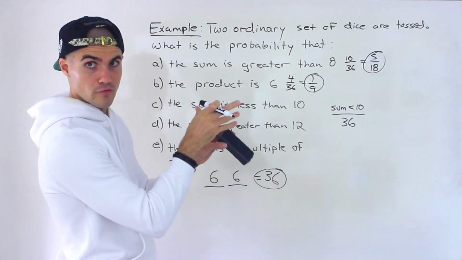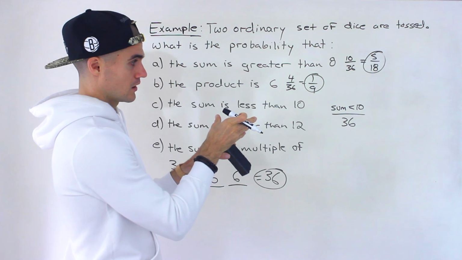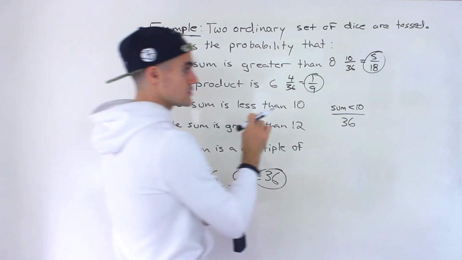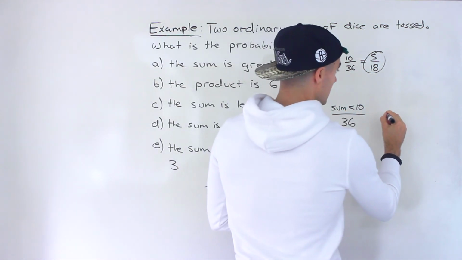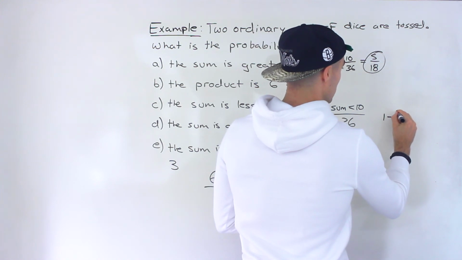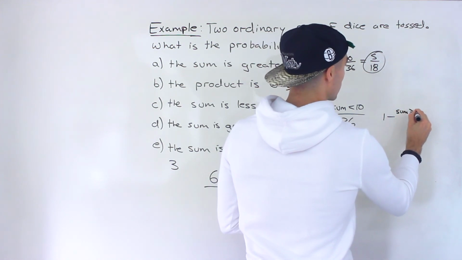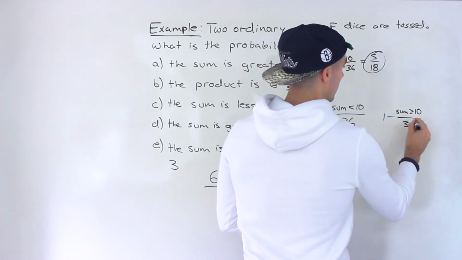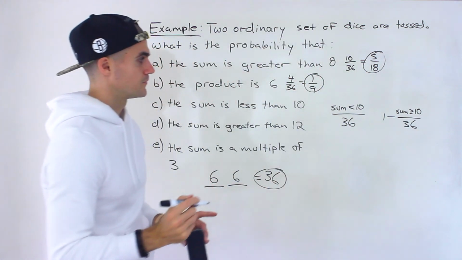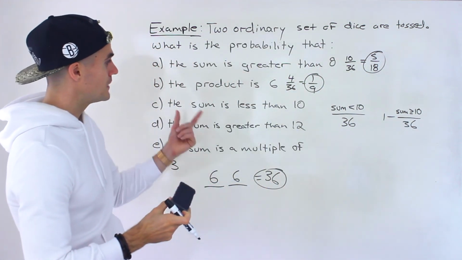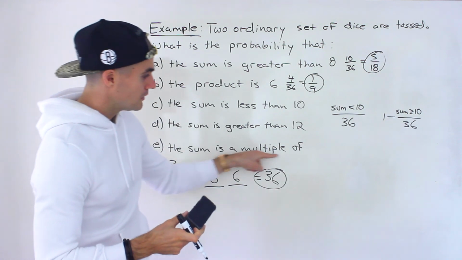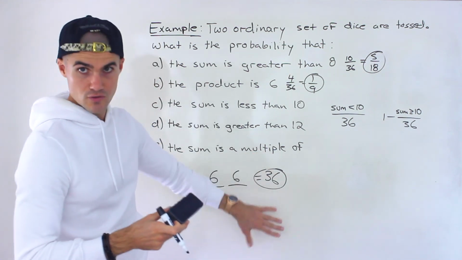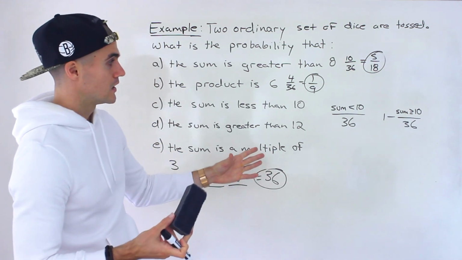So you could count all of those, but I feel like it's easier to do it the indirect way where we take 1 minus where the sum is greater than or equal to 10 over 36. Right? The probability of all of these is just 36 over 36, which is 1.